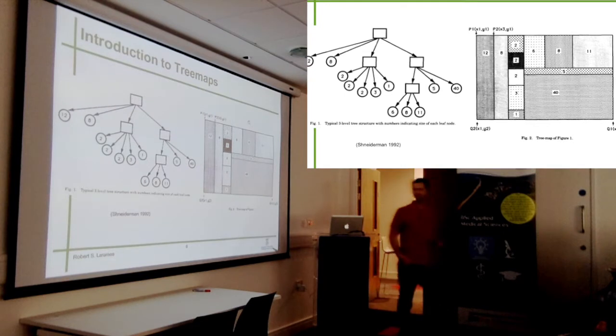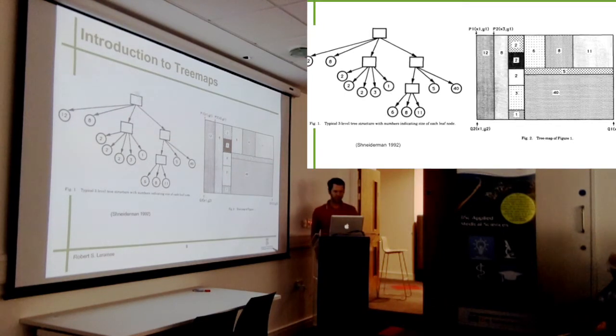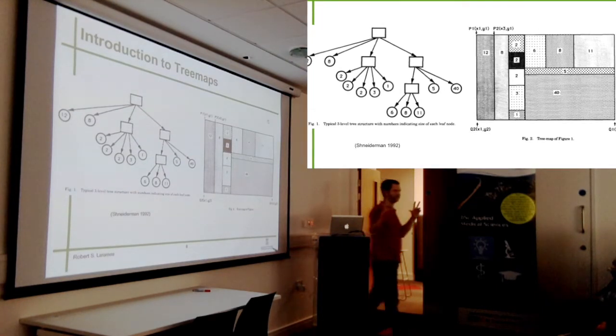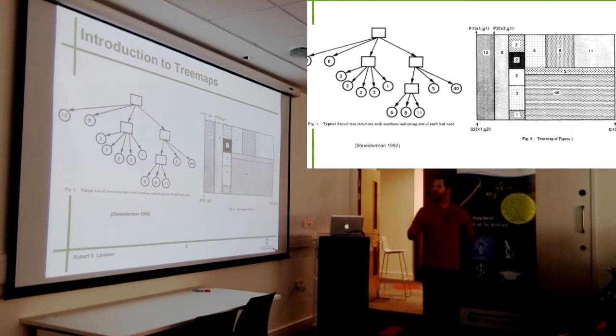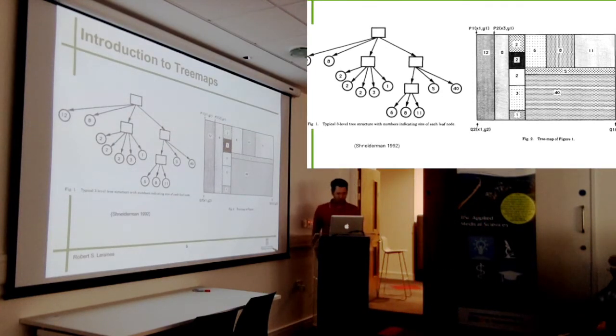So what happens is the root node, right here at the top, gets translated into the largest rectangle in the tree map. So it reserves the space for the tree map, and then it's subdivided. Each child of the root node is also represented by a rectangle.